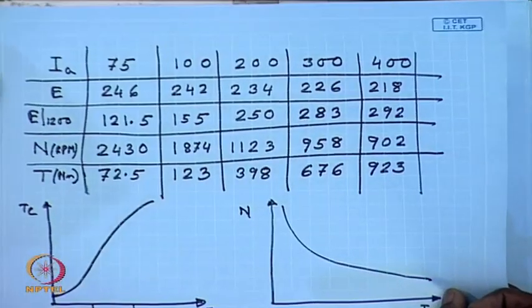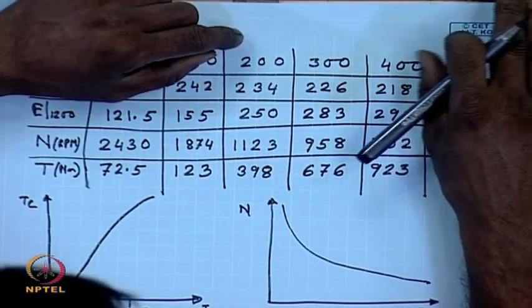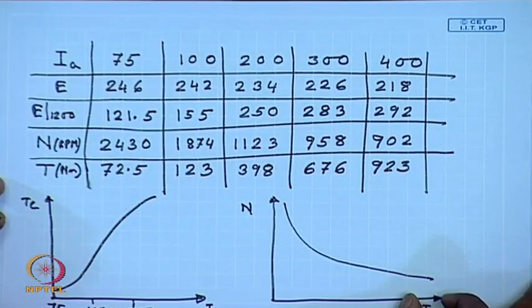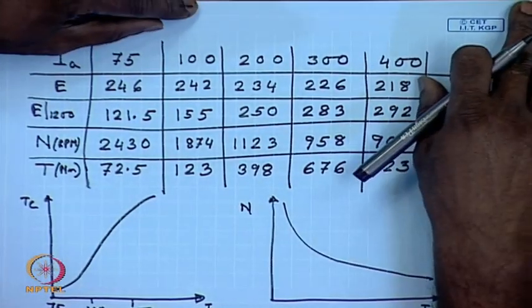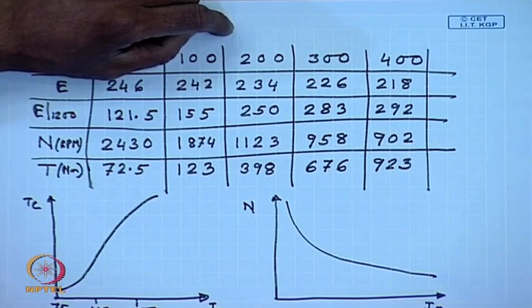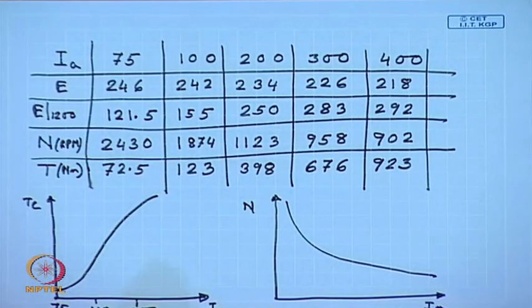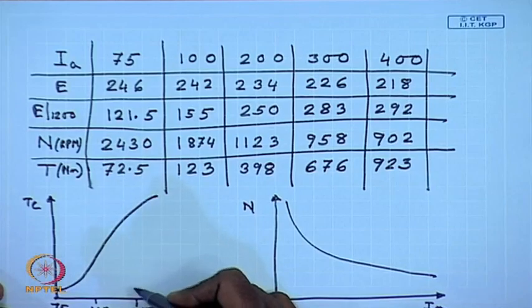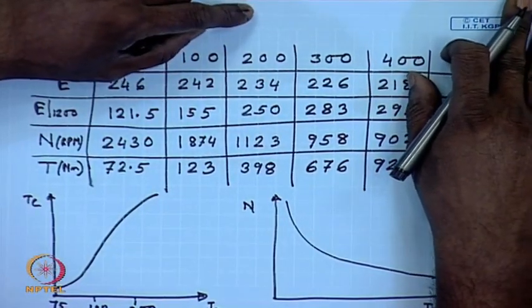We observe that in a DC series machine, as the armature current increases, the torque increases almost proportional to the square of the armature current, which means at low speed and large current, the series machine can generate considerably larger torque compared to a shunt machine.